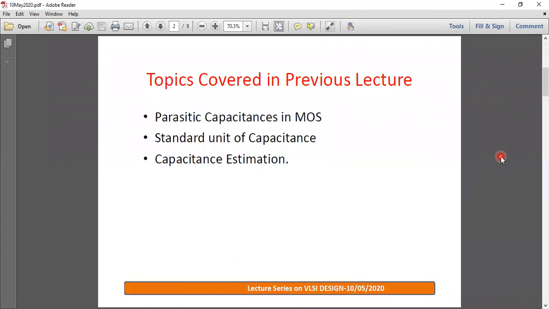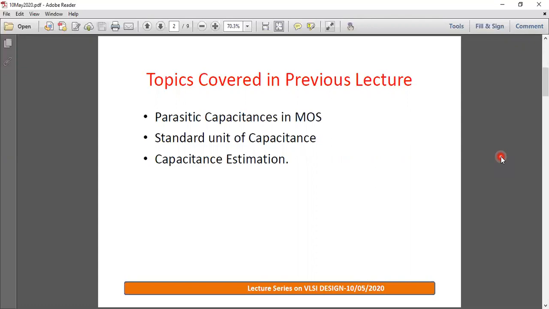So in the previous lecture we discussed various parasitic capacitances formed in a MOS device, like gate capacitance, diffusion capacitance, sidewall or peripheral capacitance, interlayer capacitance and wiring capacitance. Gate capacitance was standardized in terms of square Cg so that we can move from one technology to another conveniently.